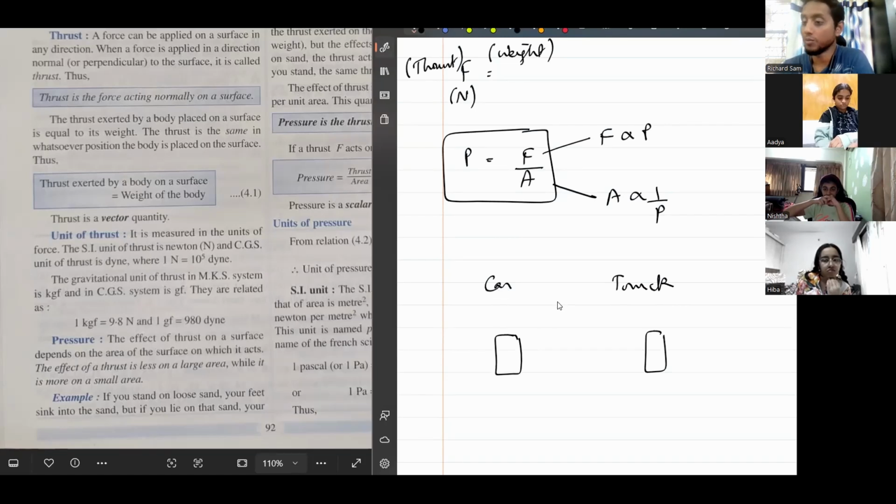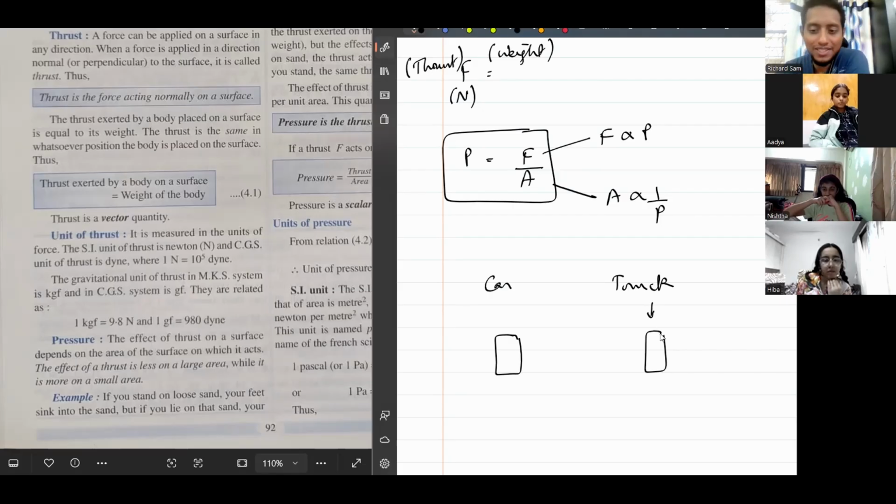Which of them has more force? Which of them is exerting more force onto the ground? Is it the car or the truck? See, force is weight. So which of these two has more weight? It's the truck, right? So since the truck has more weight, the truck is exerting more force onto the ground.